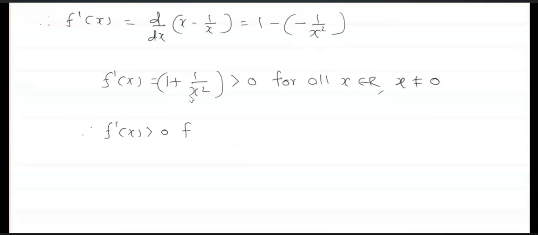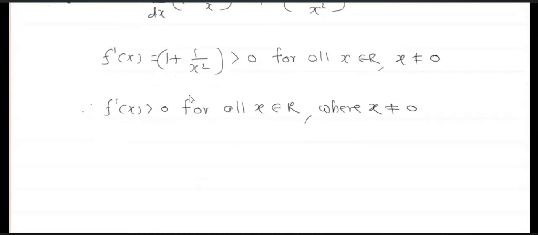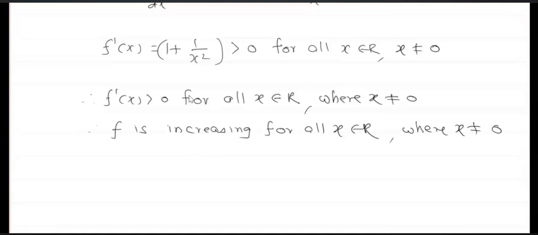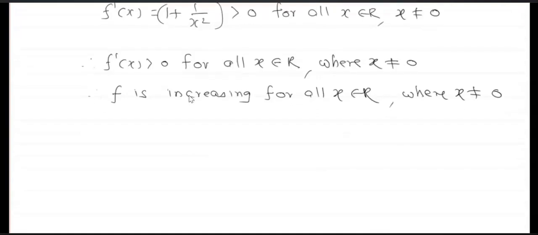Therefore, f dash of x is greater than 0 for all x belongs to the set of real numbers. Therefore, f is increasing for all x belongs to the set of real numbers, where x is not equal to 0.